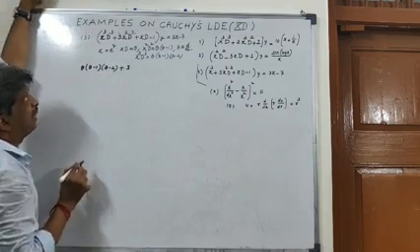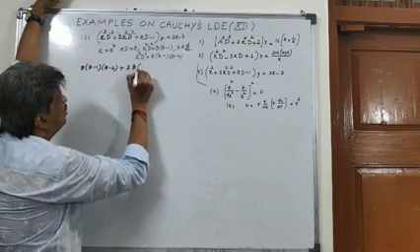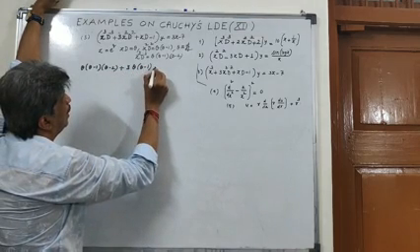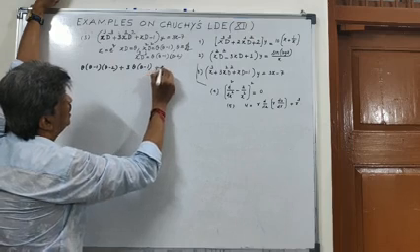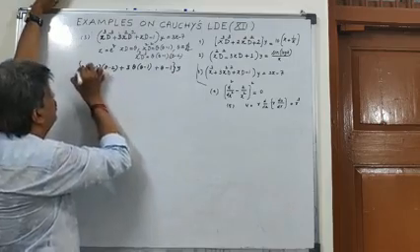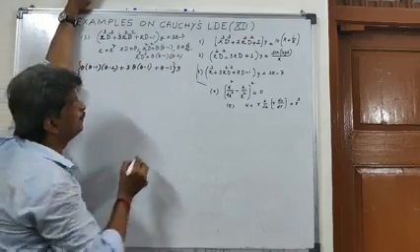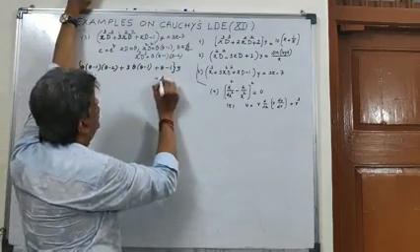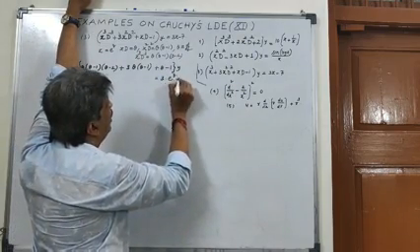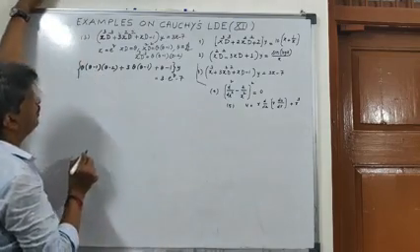Plus 3 times x square d square is theta into theta minus 1. Plus theta minus 1 times y is equal to 3x. What is 3x? X is e power z, 3 e raised to power z minus 7.